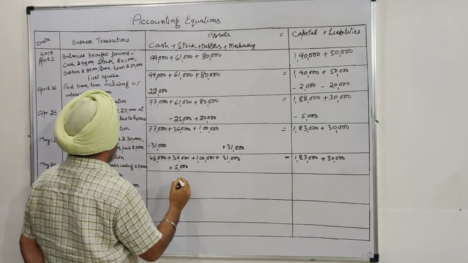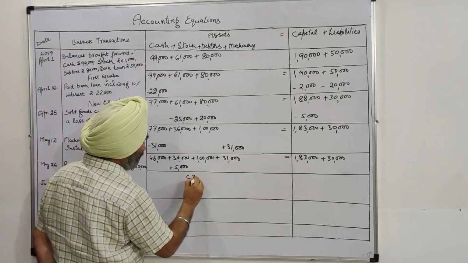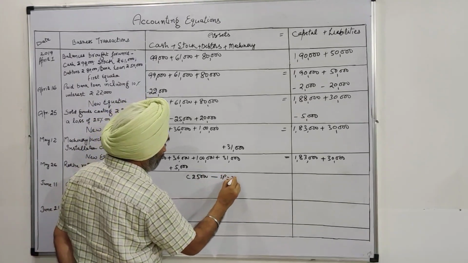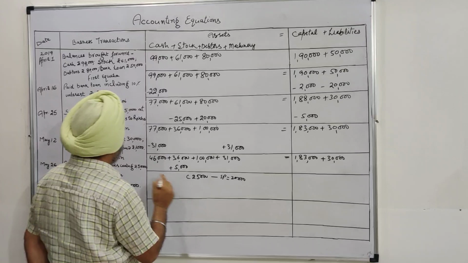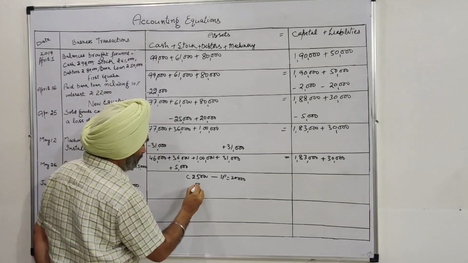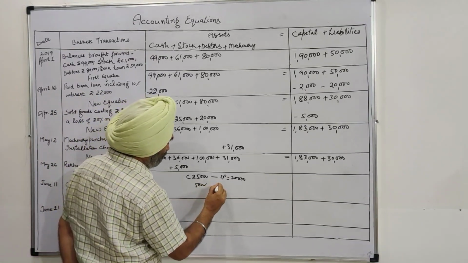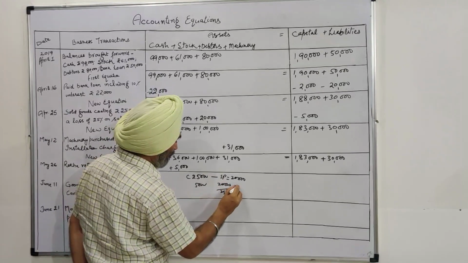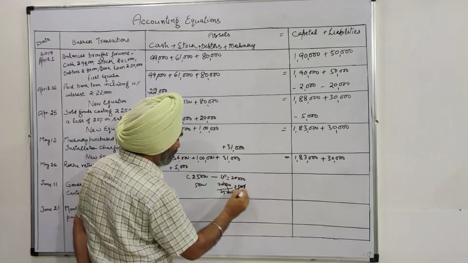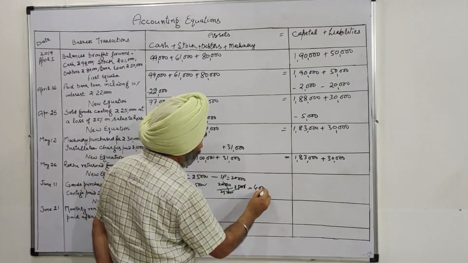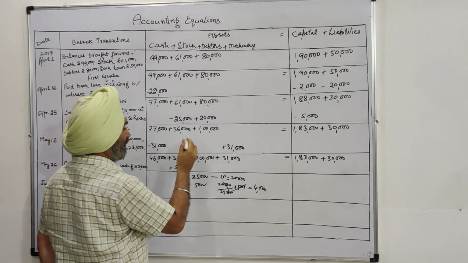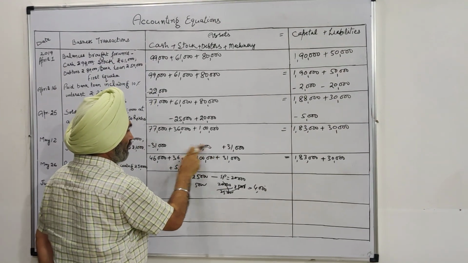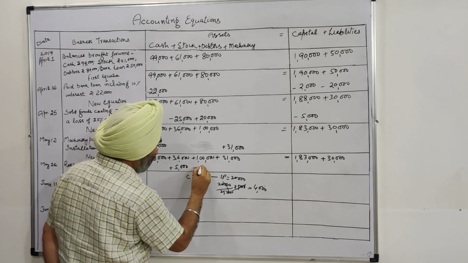If our cost was 25,000, the sale price was 20,000, and if our cost is 5,000 of the goods returned, so what is its selling price? Its selling price is 4,000 rupees. So debtors will be reduced by 4,000.